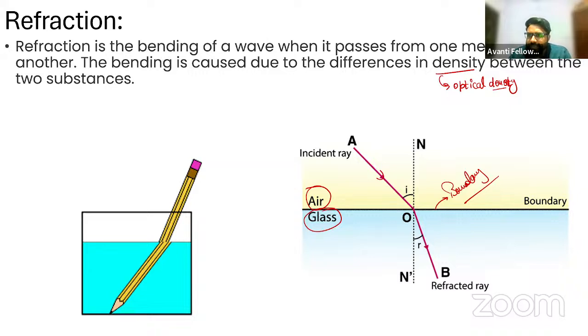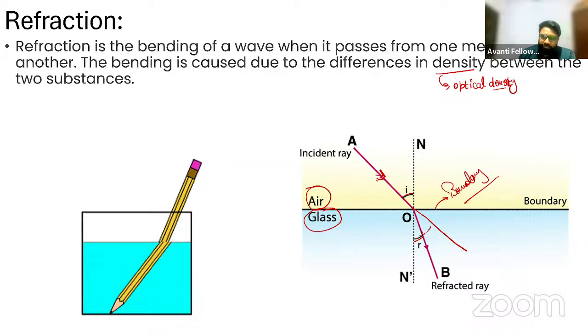So obviously glass is optically more dense than air. So when light, look here, when light is incident on this surface and penetrates into it, you will find that it is bending towards the normal. Otherwise, it should move in this direction, but it is bending towards the normal. So this is happening because of the refraction.